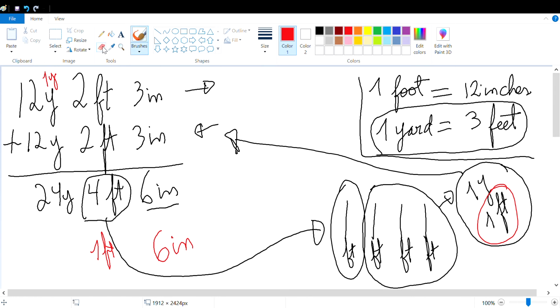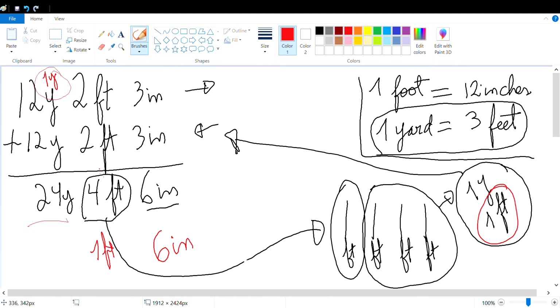Now, let's erase this. Let's continue. Now, I continue with the yards. I remember that I had 24 yards here, but I have another one, another yard, okay?